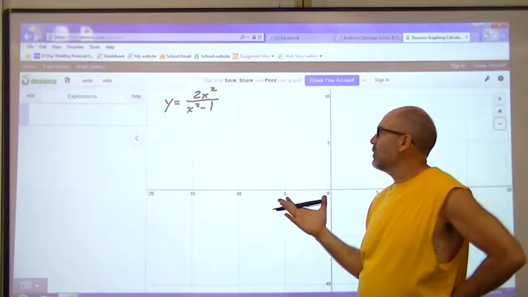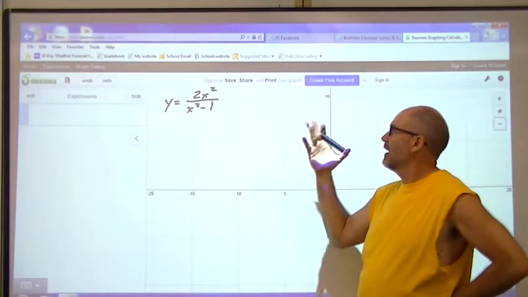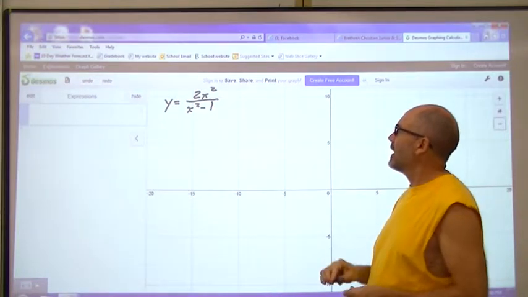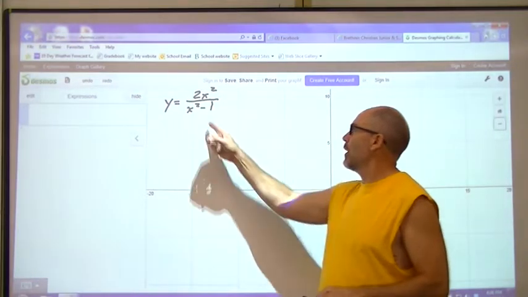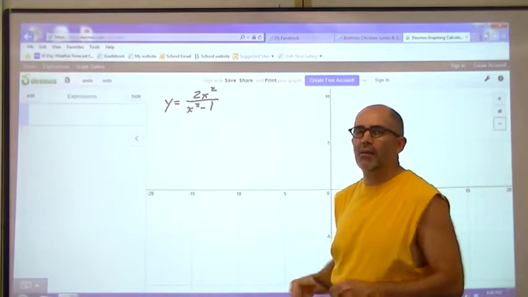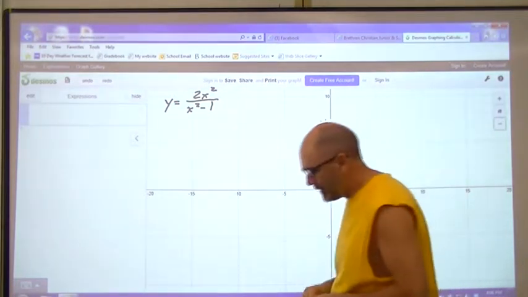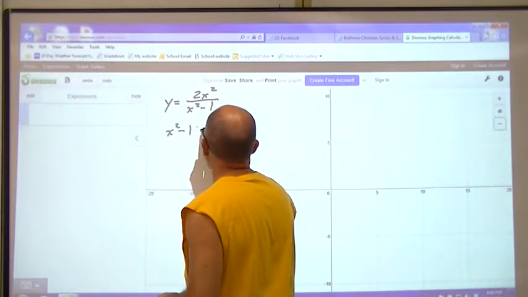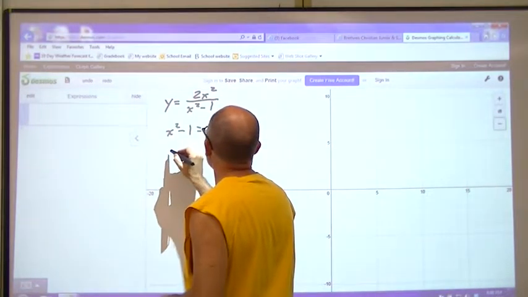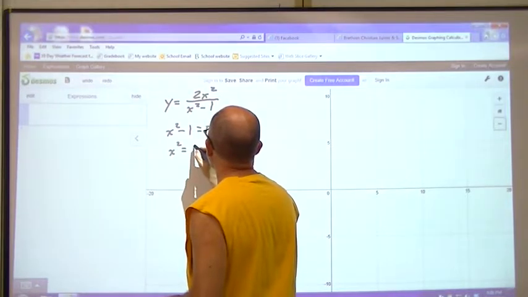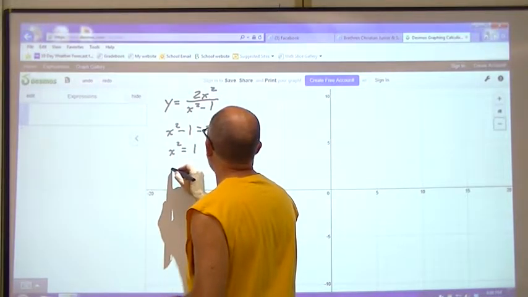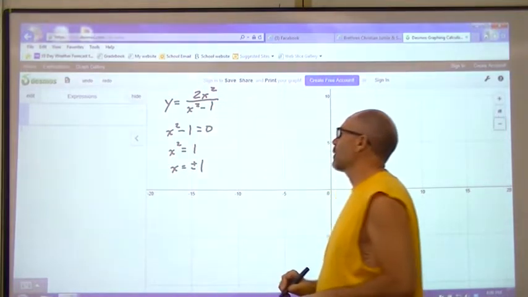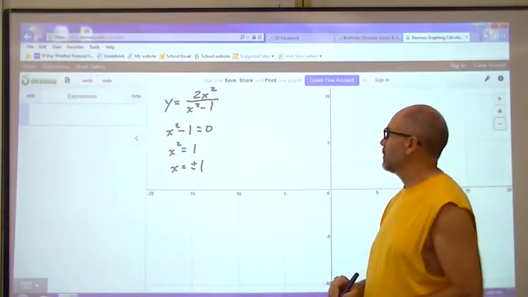What x values make this thing defined? Well, basically, what x values make it undefined would be wherever the denominator is 0. So where is that going to be? That's going to be where x squared minus 1 equals 0. That means where x squared equals 1, and that's where x equals plus or minus the square root of 1, which would be plus or minus 1.